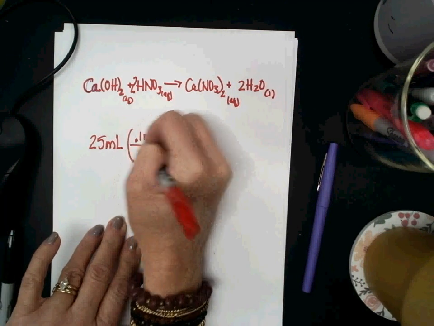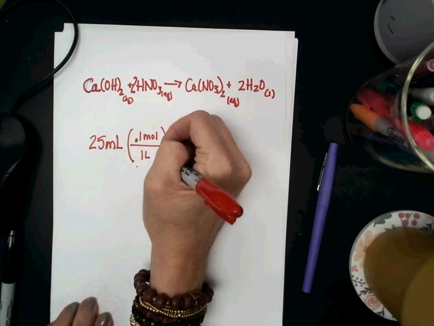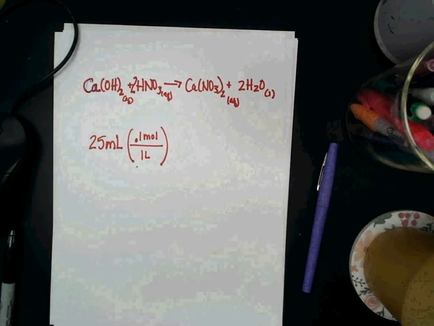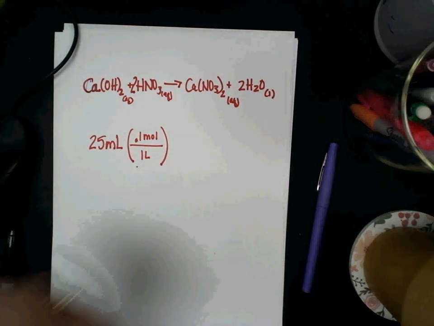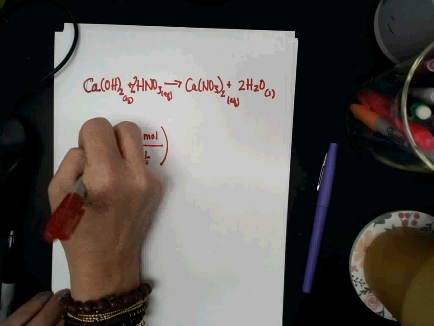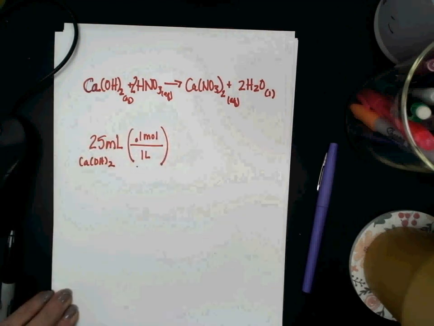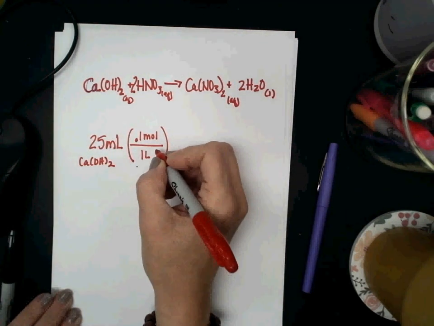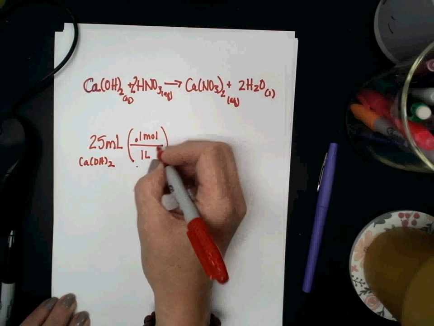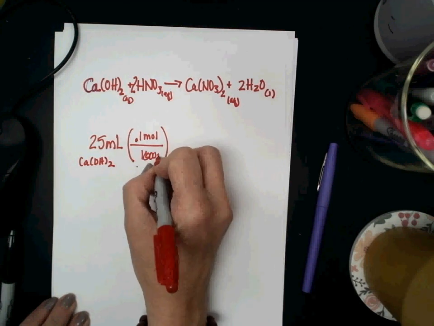Okay, so I have 25 milliliters of what? A 0.1 molar solution, 0.1 mole per 1 liter. So that allows me to figure out how many, and what do I have here?